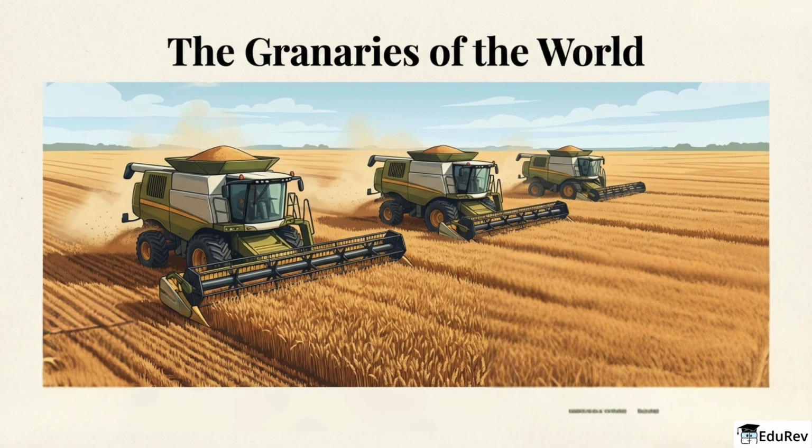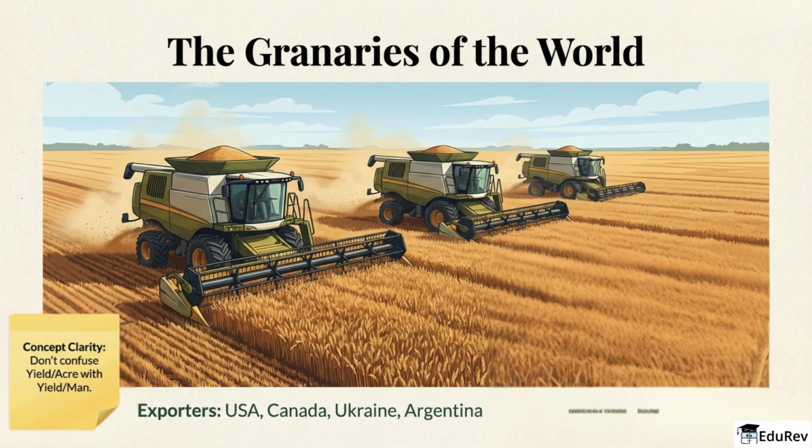Now we come to why these regions became globally important. These grasslands turned into the granaries of the world. Countries like the USA, Canada, Ukraine, and Argentina became major grain exporters. But here's something you need to be careful about. Do not confuse yield per acre with yield per man.